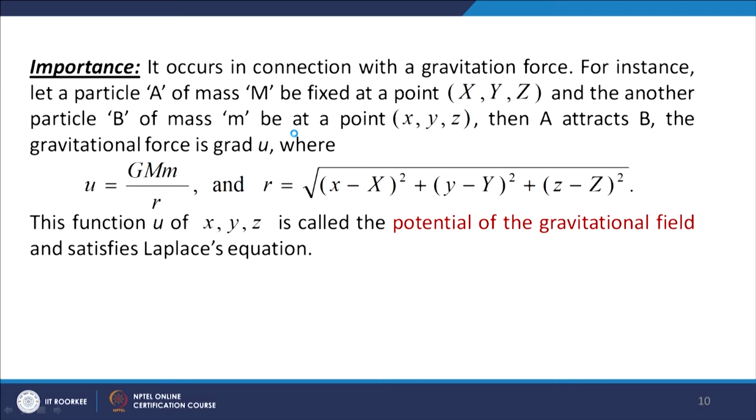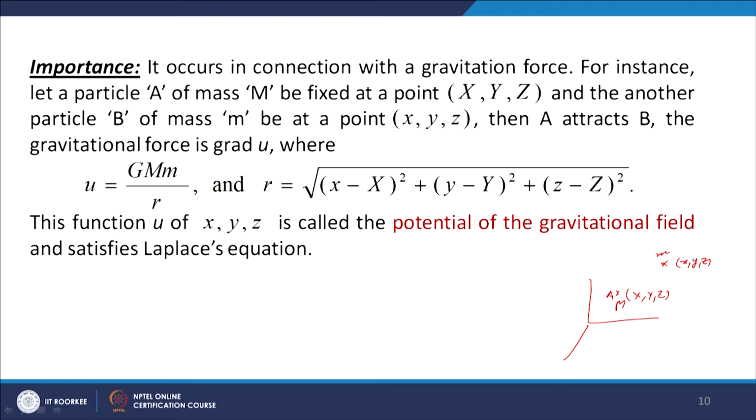For instance, let us take a particle A of mass M which is fixed at a point (x0, y0, z0). And another particle B is at the point (x, y, z) of mass small m.